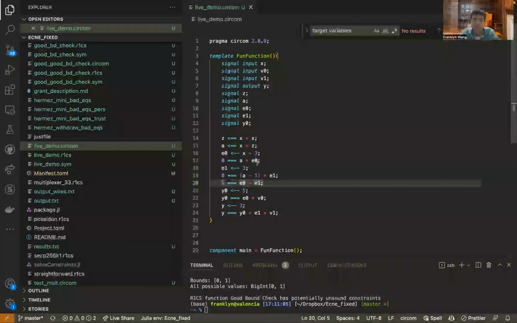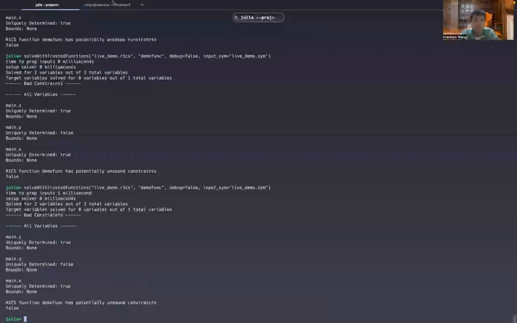Because A is uniquely determined, we know that E0 and E1 will form an ABZ group. At most one of these is going to be 0, and at most one of these can be non-zero, and we'll know which one it is. So if we know the sum, then that'll tell us E0 and E1 uniquely. Then we just do some straightforward steps. Okay, we need to compile first.